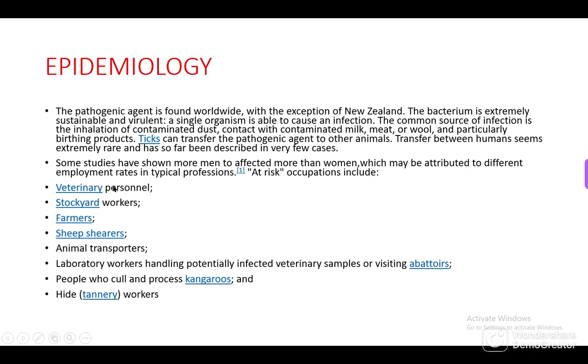Now, some studies have shown more men to be affected than women because women are not very commonly involved in the duties of veterinary services, which may be attributed to different employment rates in the relevant professions. At-risk occupations include veterinary personnel, stockyard workers, farmers, sheep shearers, animal transporters, laboratory workers handling potentially infected veterinary samples or visiting abattoirs, and people who cull and process kangaroos.